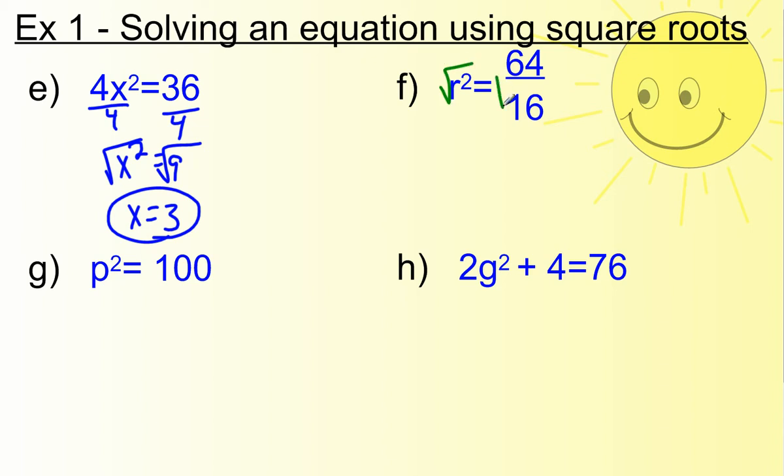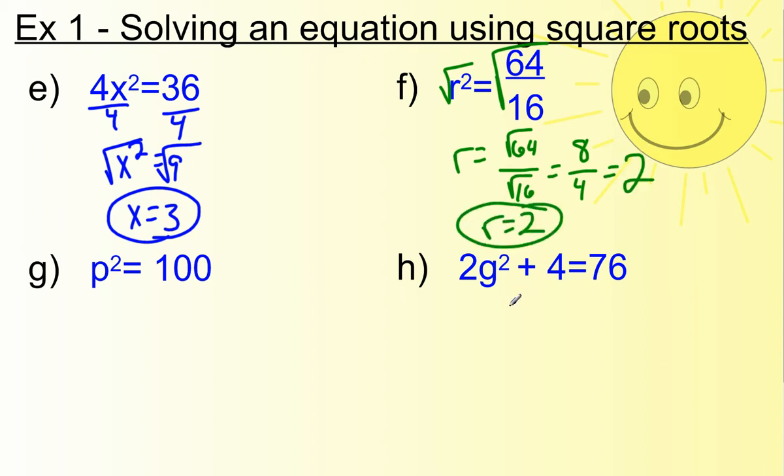Square root both sides, giving you r equals the square root of the top and the square root of the bottom. That's 8, that's 4, that's 2, so r equals 2. Square root each side gives you p equals 10. Simple, simple, simple.